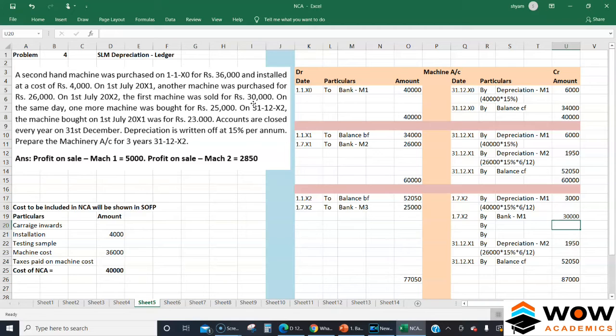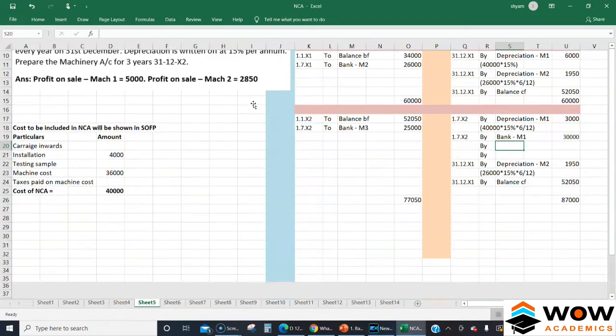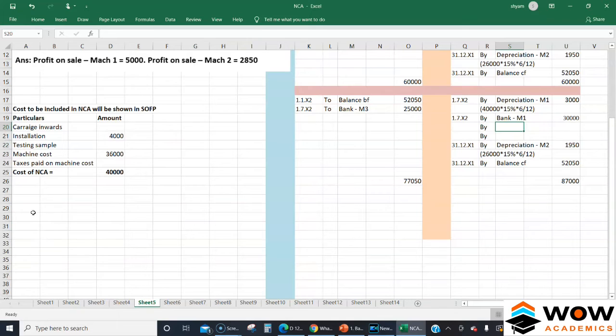So first we have to adjust till here. We have to find out whether there's any profit or loss. For that we have to do a working note, or else we can't find it.